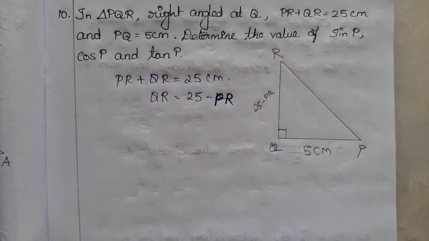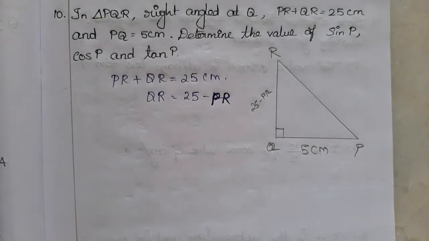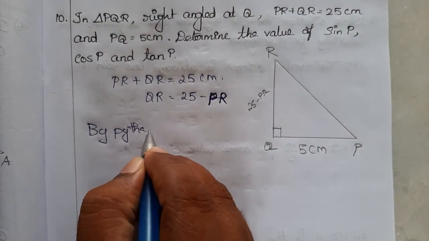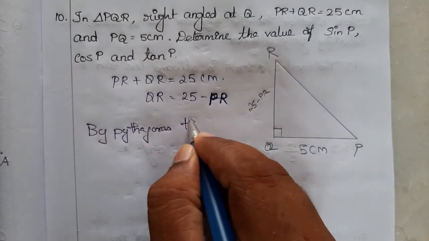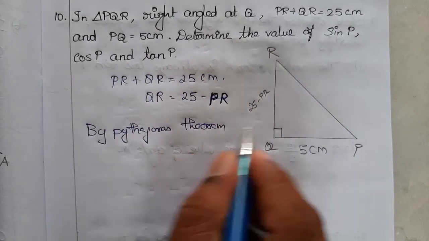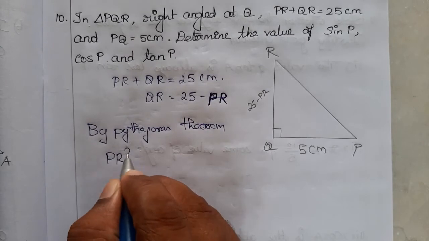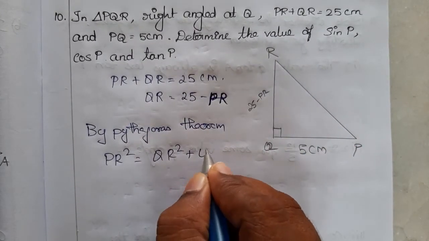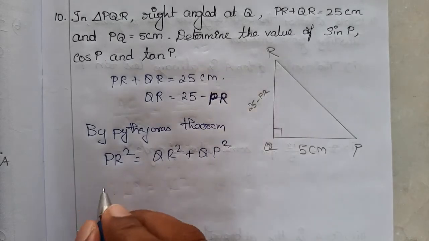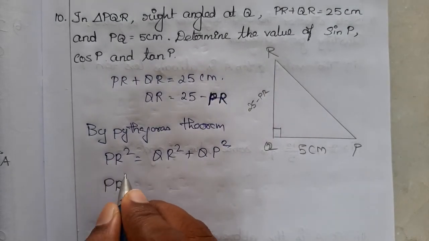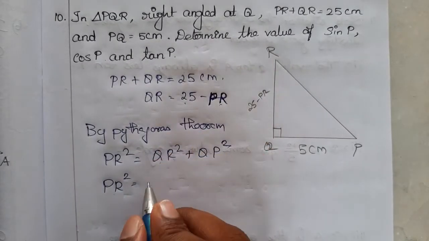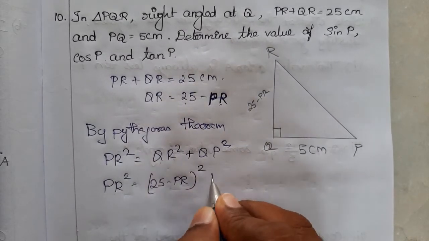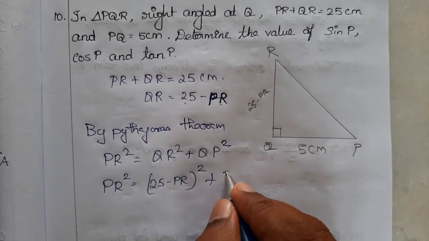Let PR be PR and we can find it using the Pythagoras theorem. By Pythagoras theorem, PR square is equal to QR square plus QP square. So PR square, let it be the same, and QR square we can write as (25 minus PR) the whole square, plus QP is 5 square.